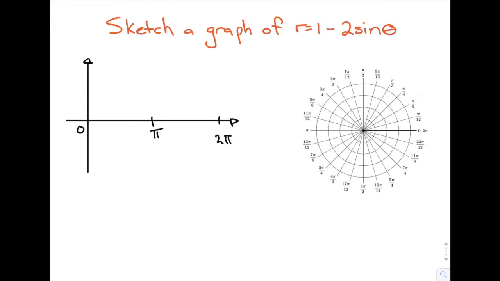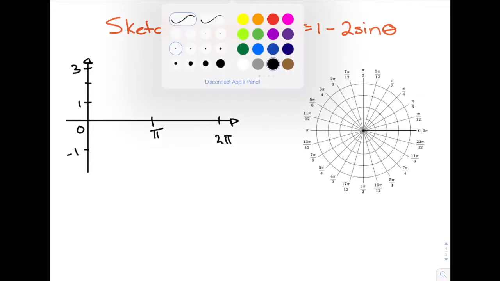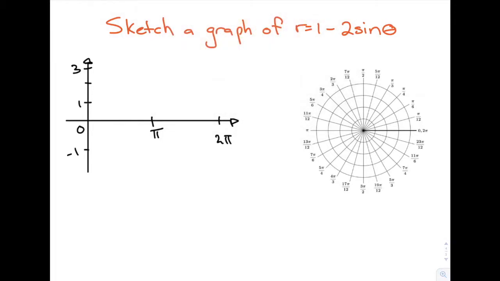So we'll be moving between negative 1 and 3 at the most, starting at 1, because that's the midline of this graph. So we'll start at 1, drop down to negative 1 at pi over 2, back up to 1 at pi, to its maximum at 3 at 3 pi over 2, and then back down at 2 pi.